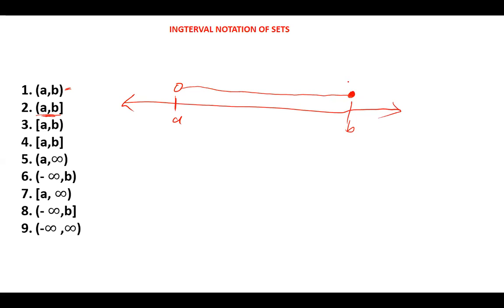For the next one, it's closed at A and open at B. So that is basically how you do it. And then the fourth one, it's closed on both ends, meaning you're going to shade on both ends.